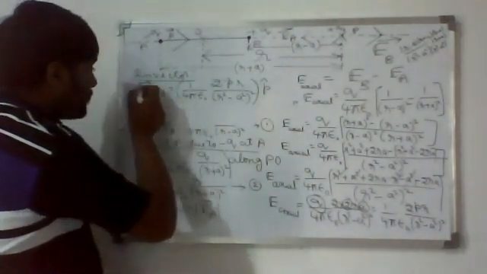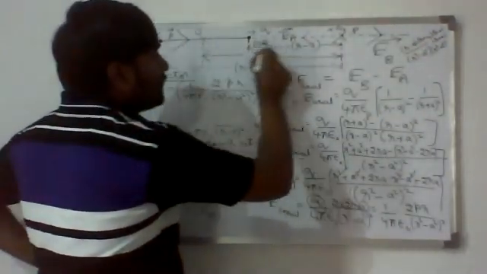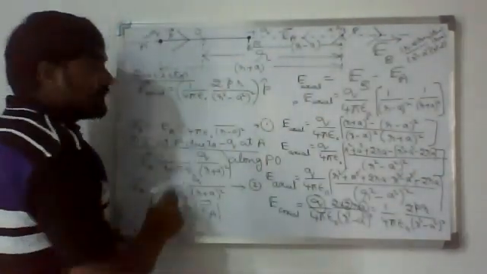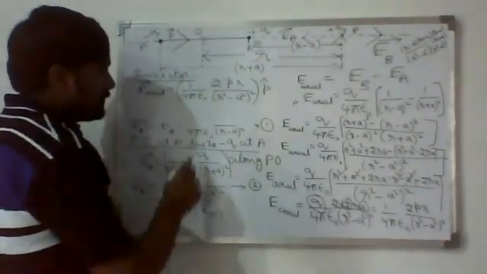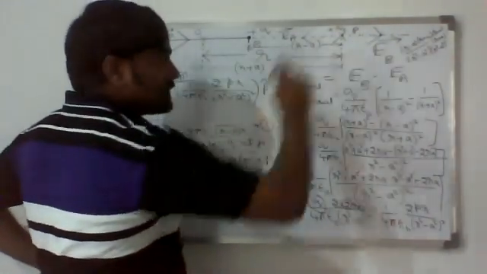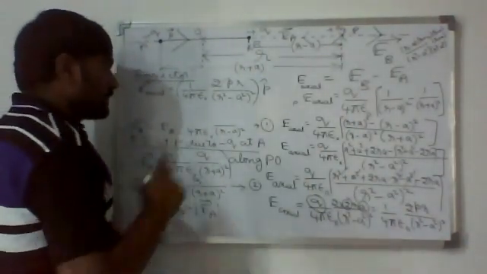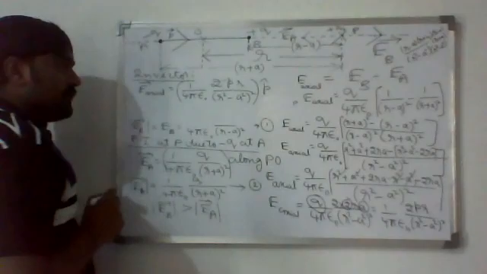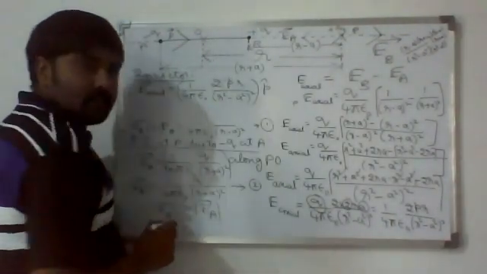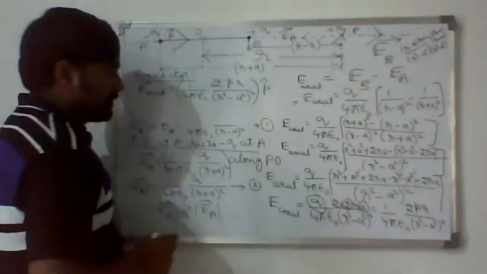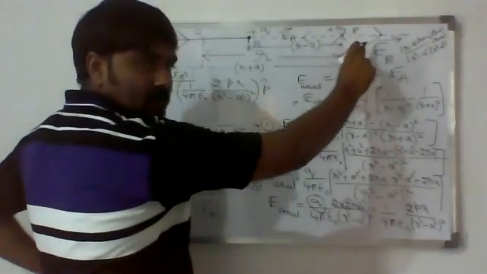So the resultant is also along OP, that is along the dipole axis, from negative charge to positive charge, along the direction of dipole moment. That is the direction of electric intensity at a point on the axial line. P cap is the unit vector indicating the direction. The direction of E axial is along OP.